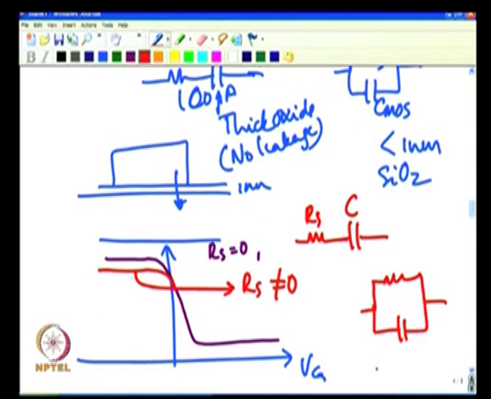You extract this value from Z. If you extract this value, your capacitance will be less than what it should have been, but if you use the right model, then you will get back the same capacitance.